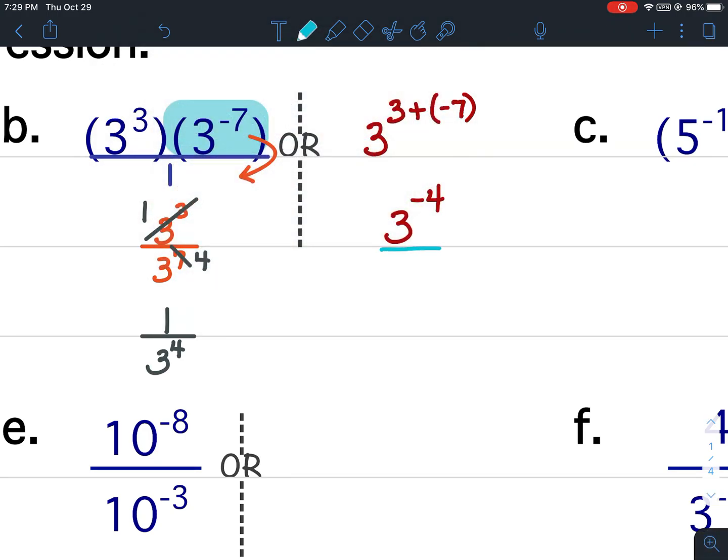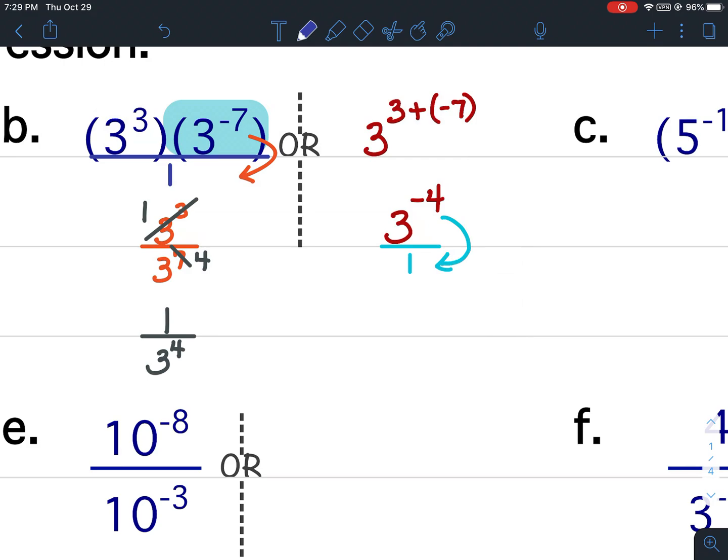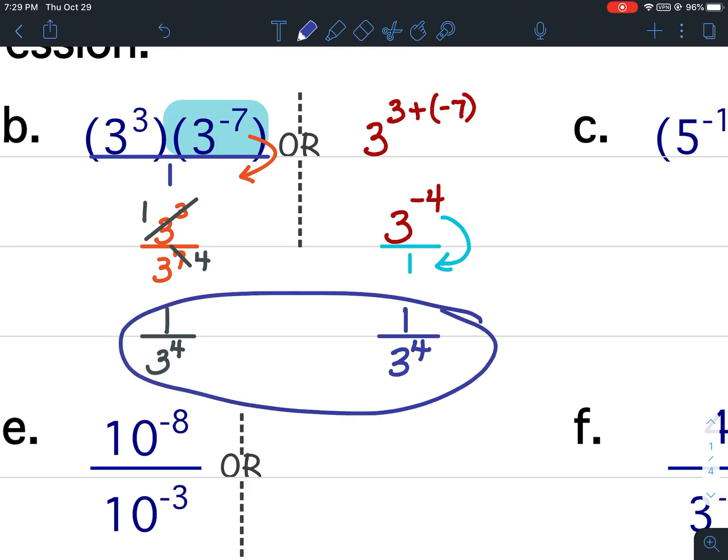Well, I can't have a negative exponent, so I'm going to take that and move it to the denominator. So this would be 1 over 3 to the fourth. And notice again, we got the same thing.